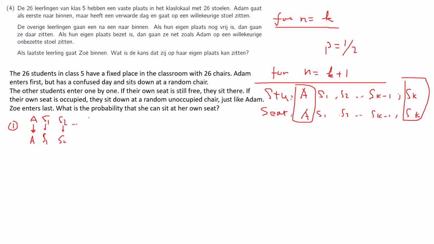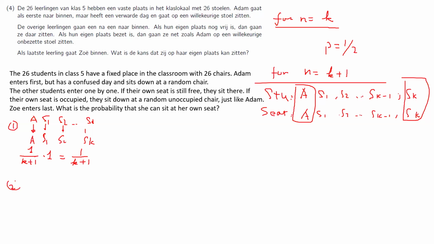So till the end, Sk will select Sk. So A selects A, the chance is 1 over k plus 1. Yeah, because in total there are k plus 1 seats. And for the rest, it is 100% sure Sk will select his own seat. So in this case, the chance is 1 over k plus 1. Okay.